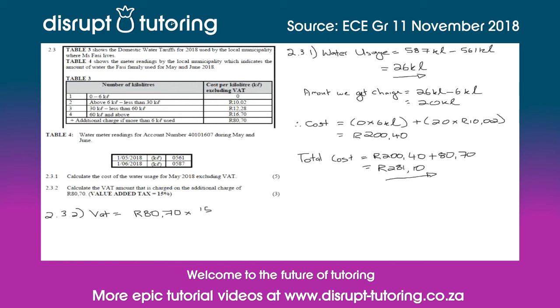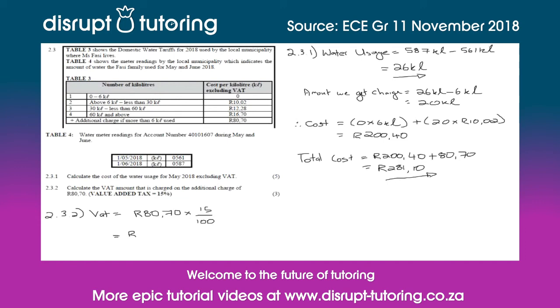You can just find 15 and the percent sign on your calculator. If you can't find it, we know that percentage is 15 divided by 100. So it's the 80 Rand and 70 cents multiplied by 15 over 100.